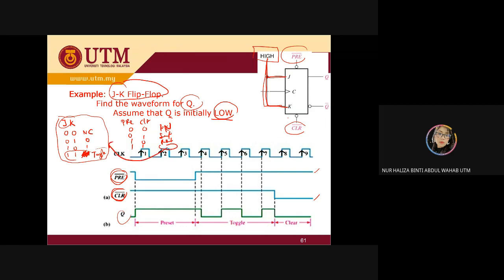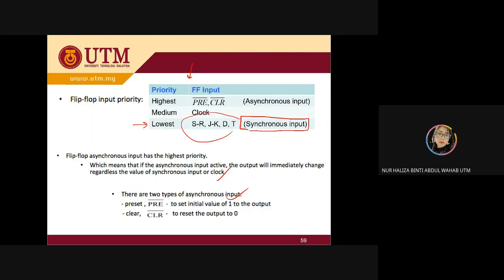Okay? Because it is synchronized. Now let's take a look one by one. I need to use different color. Maybe this one. Okay. First, you need to consider this part. Second, you need to look into your clock. And lastly, your JK, following the order of this priority.